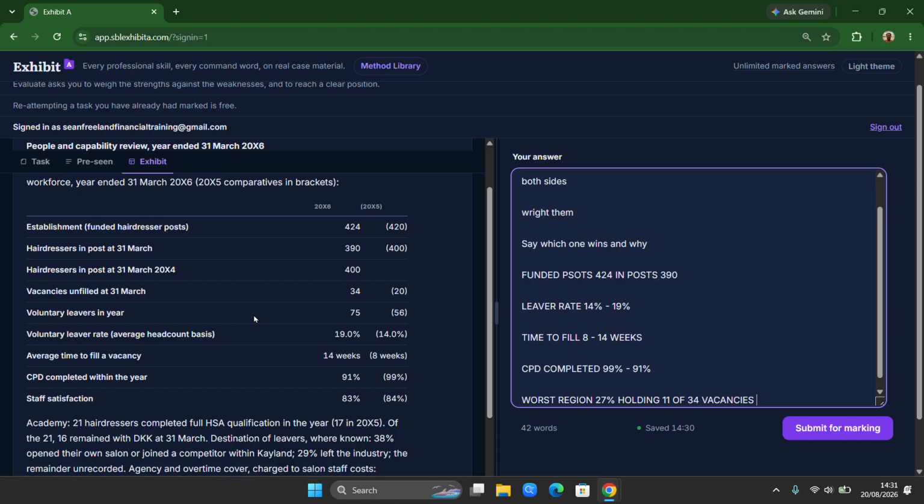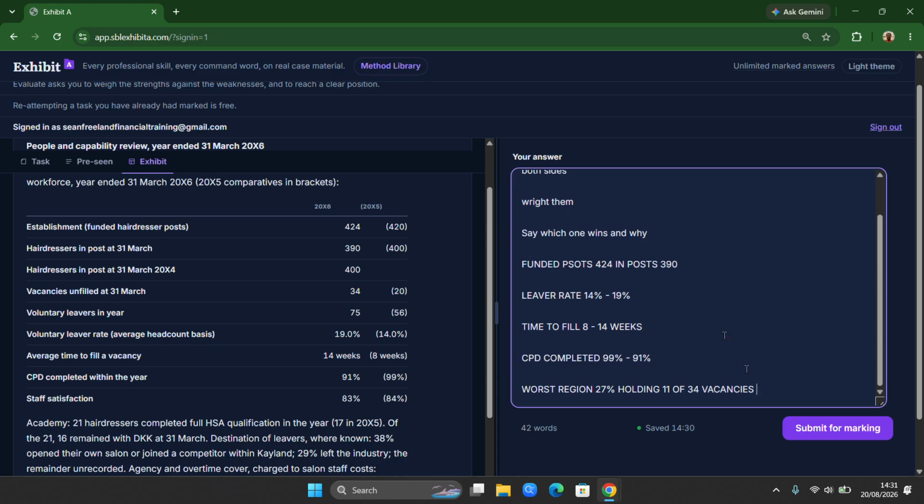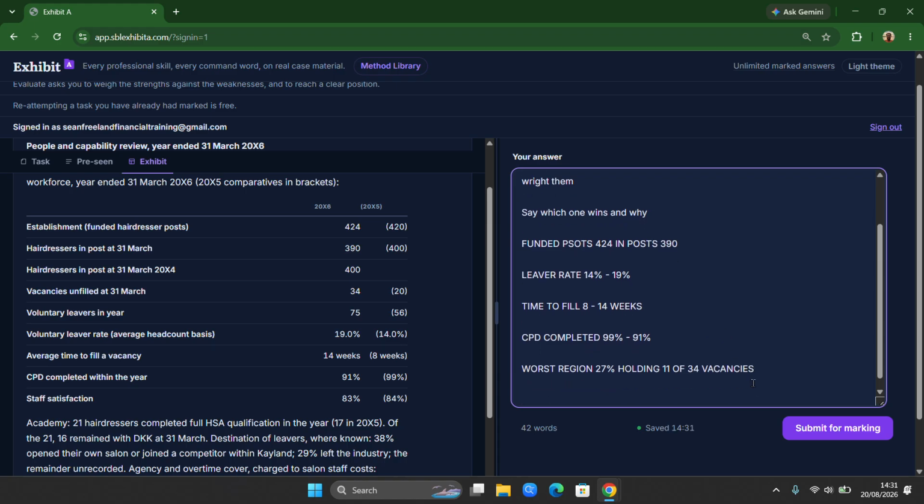Next, from these figures I'm going to do a little bit of maths. I'm going to take the 75 and divide that by 400 plus 390, then divide that by 2, which will give me the 19%.